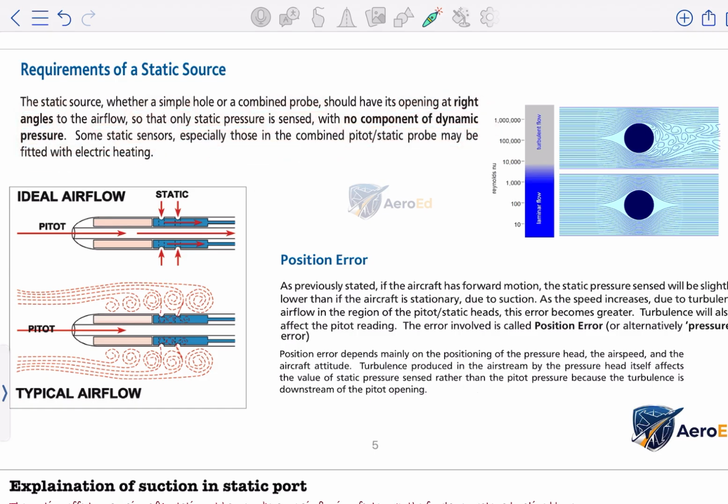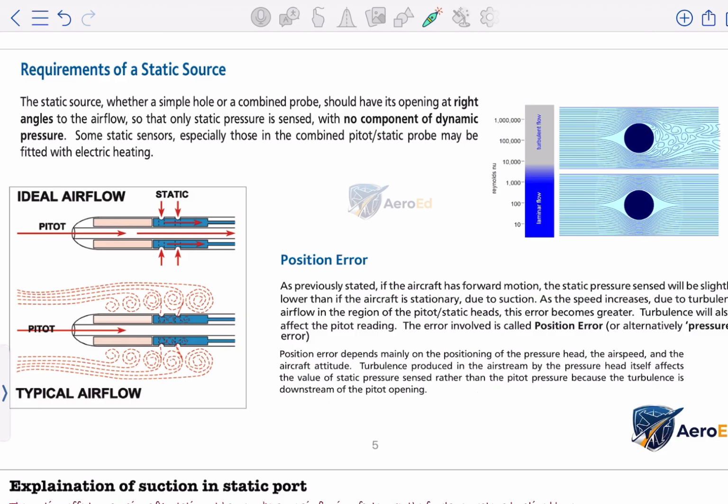So let me explain the requirements of a static source. The main requirement is that it should be at right angles to the airflow, which means it should be perpendicular to the airflow. Let me explain why it shouldn't be parallel to the airflow: if it is parallel, it will also sense the dynamic pressure, right?